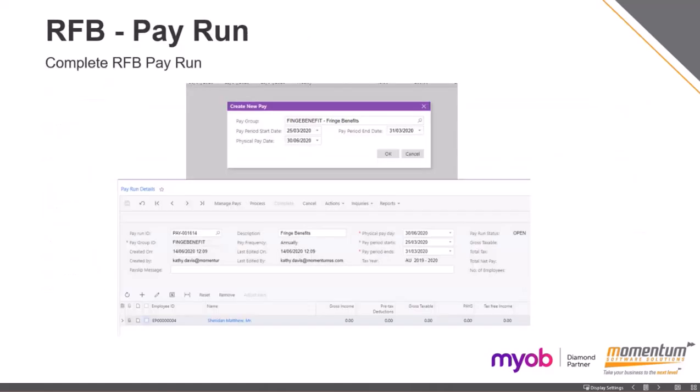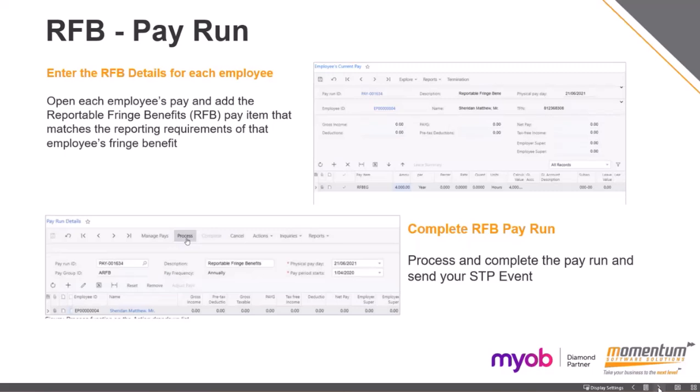After selecting the pay group and starting the pay run, make sure you have added all your employees, add the appropriate pay items to each and every individual employee, and then process your pay run as per normal. So process, complete and submit the STP event. Any questions so far regarding the compliance or processing of the fringe benefit pay run? So we'll move to the next stage.